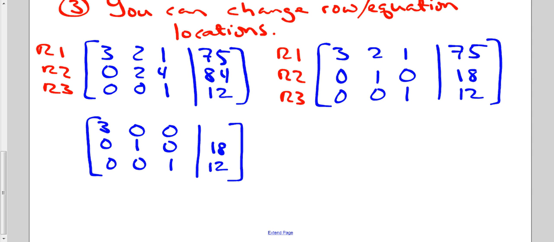Now, here's going to be the tricky part. 2 plus, how many did I have to multiply this by? -2. So it's going to be -2 times this, right? Plus that. 36, 39, yeah, 39. Okay.